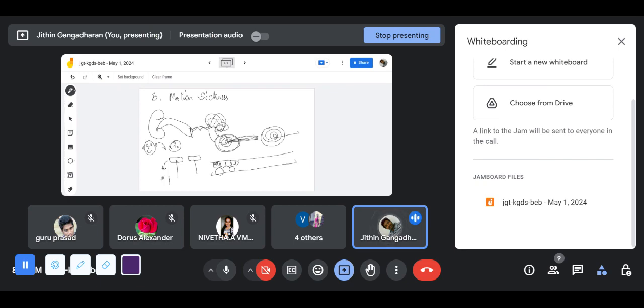Now when your head is tilted to the opposite direction, the same microscopic structure will tilt in the opposite direction. Got it? This is how the ear maintains the balance.